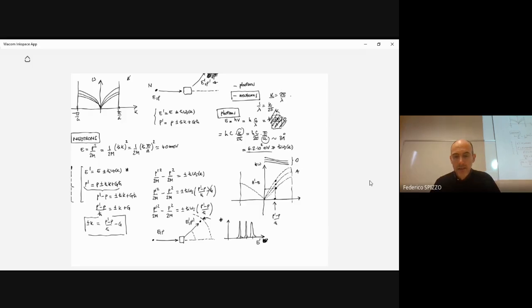So you have the opportunity to probe many values of p prime minus p, and this difference depends on the angular sensitivity of the detector. For any angular position, if you measure the energy of the neutron, you have the dispersion of the phonon band.